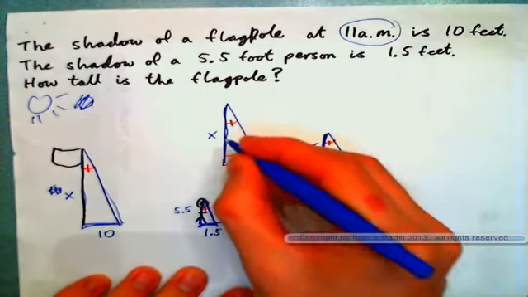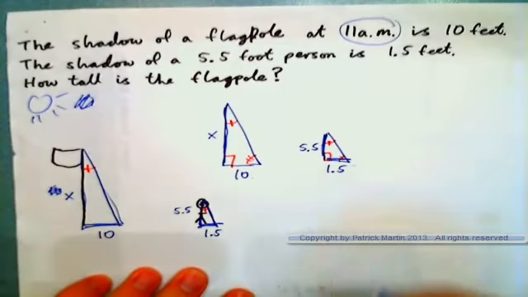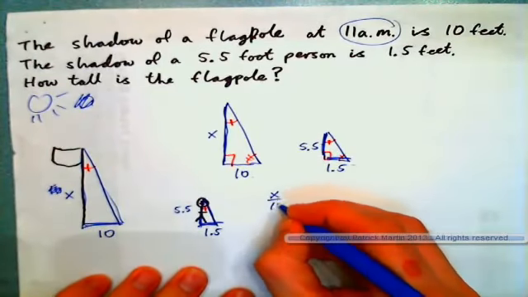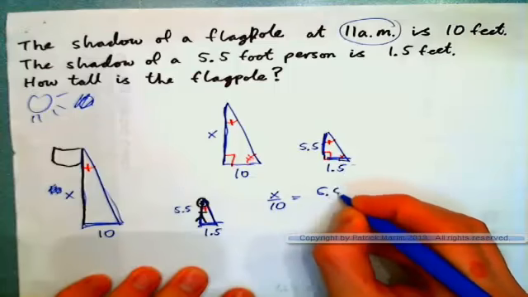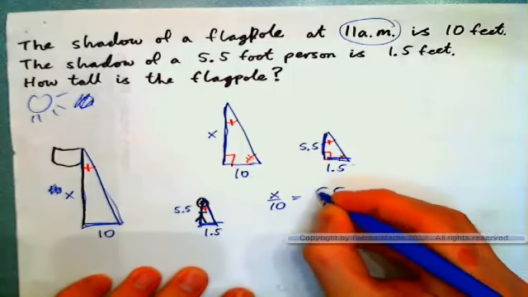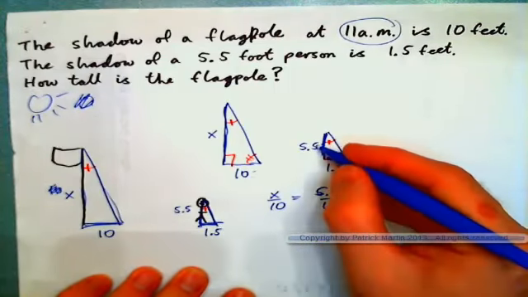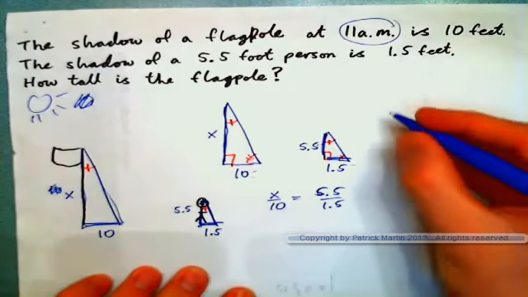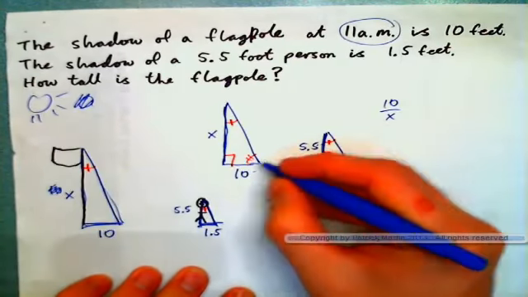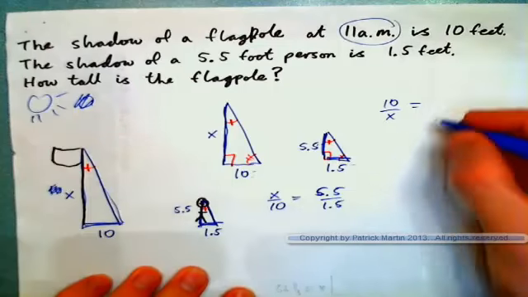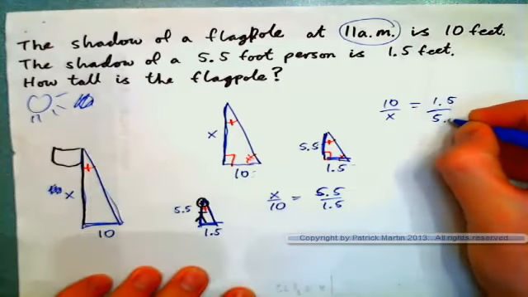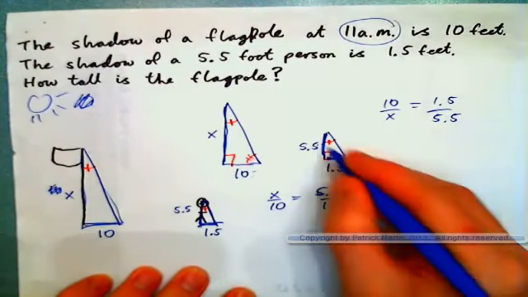So we could say x over 10 equals 5.5 over 1.5. So the long side over the short side equals long side over short side. Or you could have done this: 10 over x, short over long, equals 1.5 over 5.5. So short over long equals short over long.